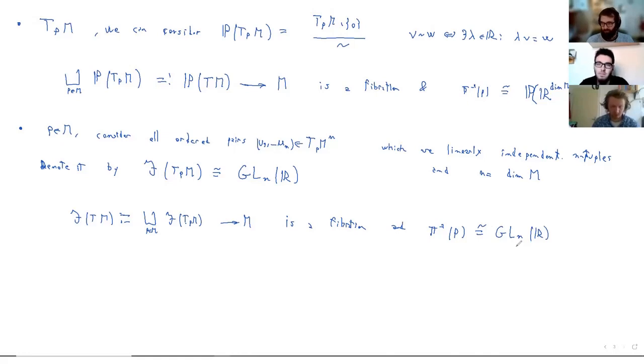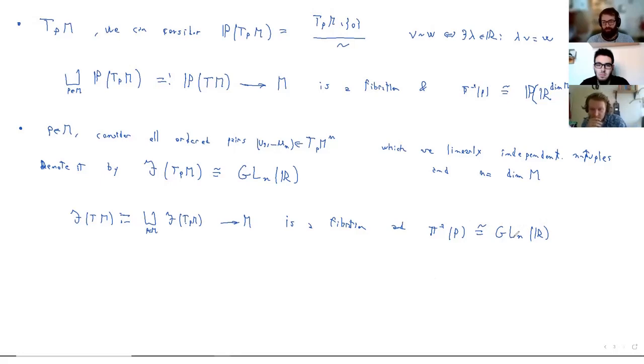Okay. And of course, every time we say isomorphic, we always should be careful, because isomorphic as what? GL_n is both a group, right? It's a group, but it's also just a manifold. So is this isomorphism as groups or as manifolds? Or even as something else.